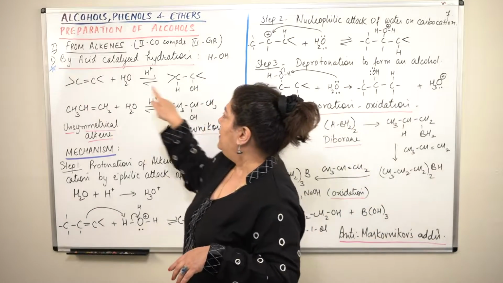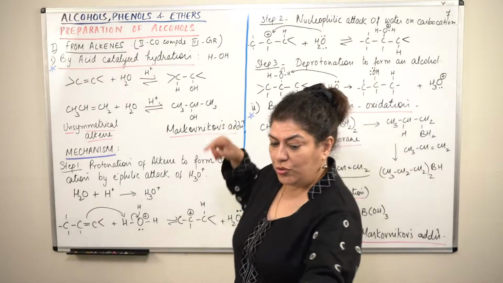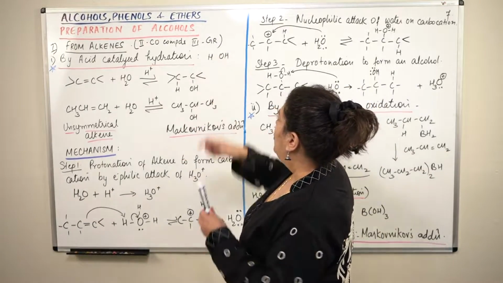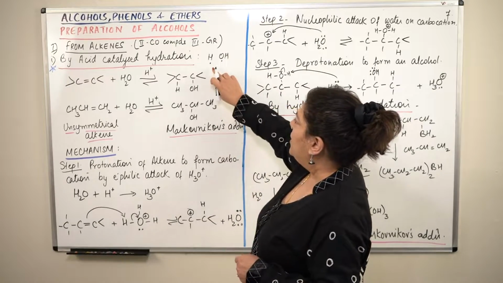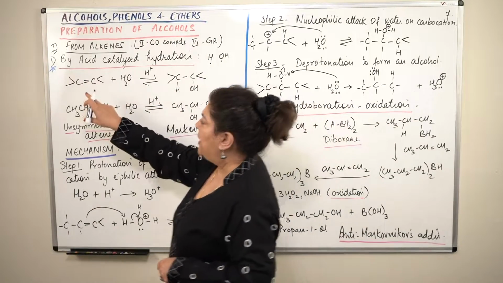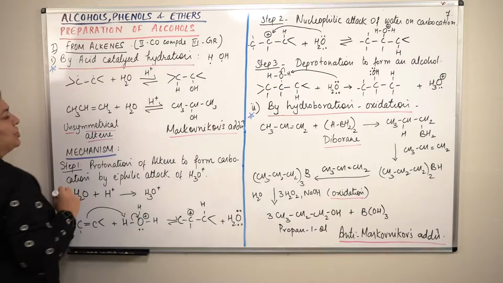To one carbon, the hydrogen gets attached. So when you break this bond, the H will get its electron and OH will get its electron. And if the bond here breaks, both the carbons get 1 electron each, right?